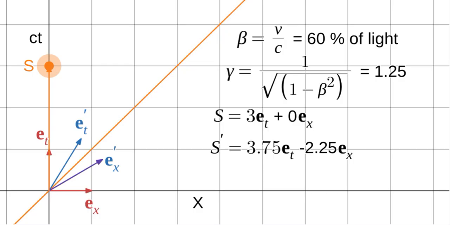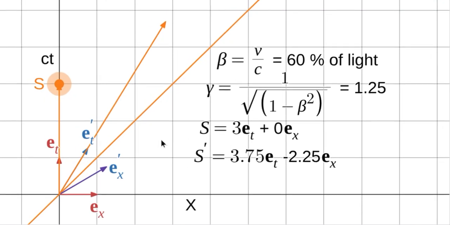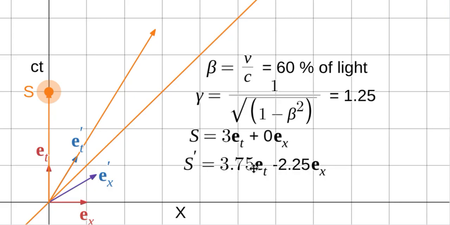And what we can see is that this will form a vector, if I can find it, there it is, that looks like that. So this says the world line of the person in motion is 3.75 e t's. So I go up 3.75 e t's, and this is where this person observes the event.